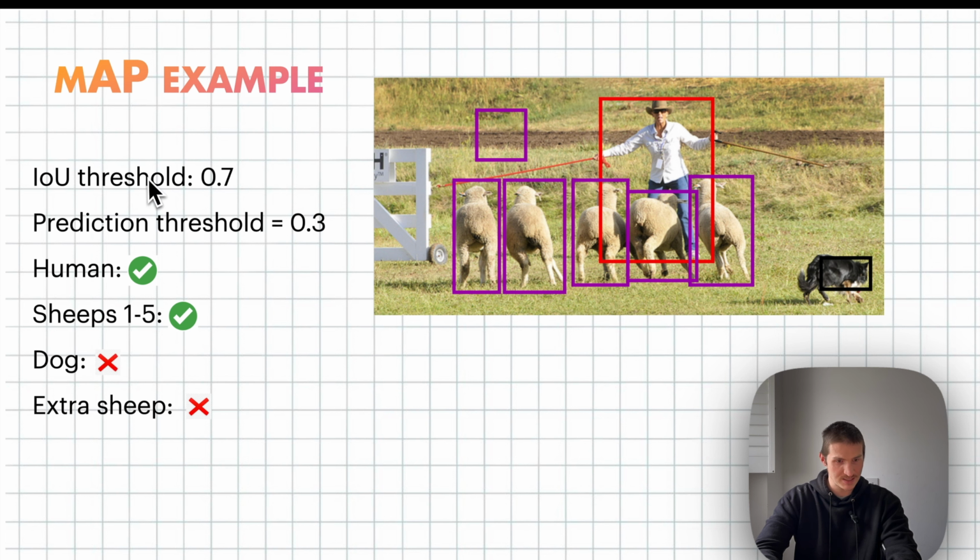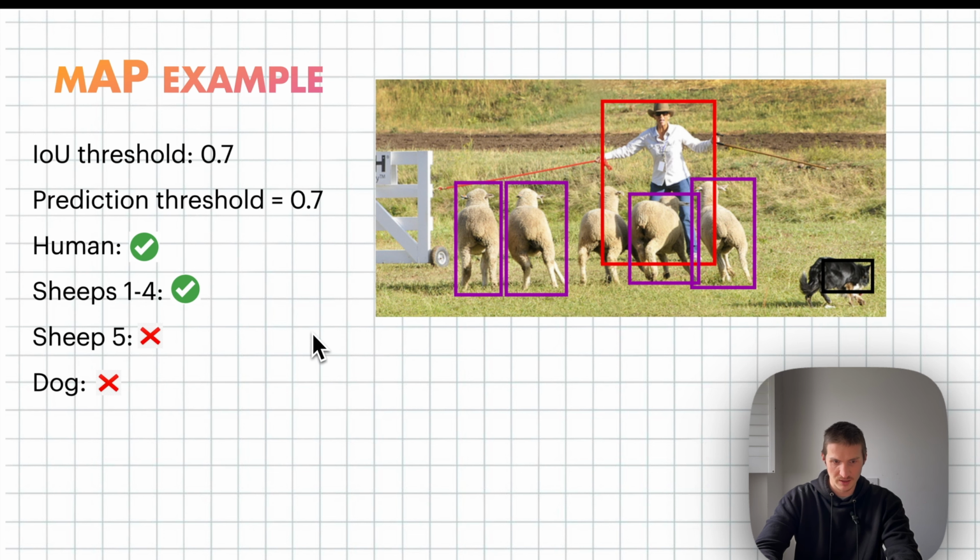Now we increase the IOU threshold a little bit, and now the dog is treated as not correctly identified, because this sloppy job at the bounding box is no longer above the threshold. And finally, if we increase the prediction threshold a bit, now this random sheep prediction went away, but we also failed to classify this real sheep.